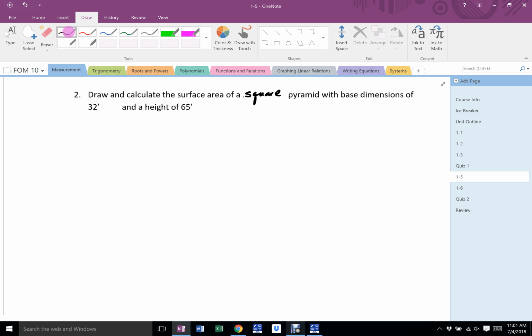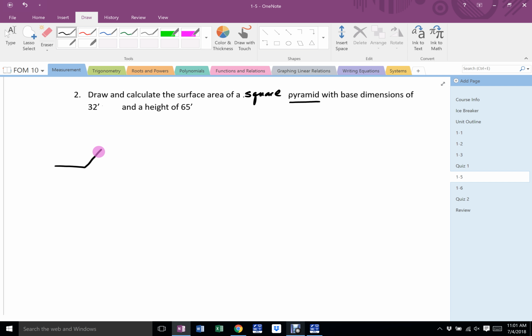So, if I'm doing a pyramid, what does that mean? How does a pyramid start? With the base. And we know that this pyramid has a square bottom. Yes? Now, remember, does base necessarily have to be the bottom?